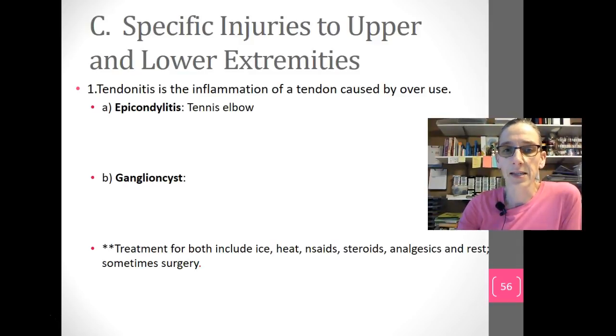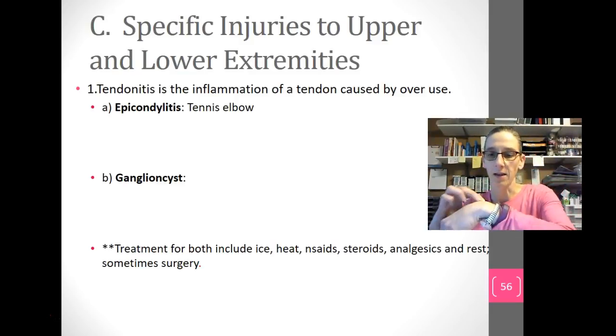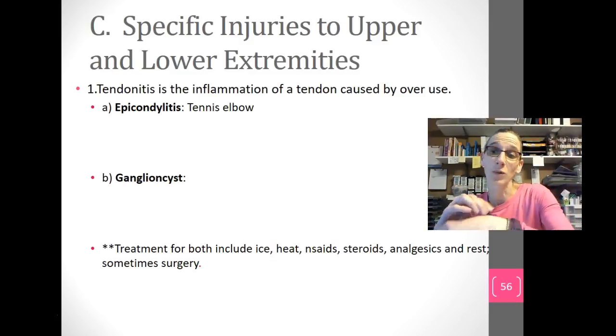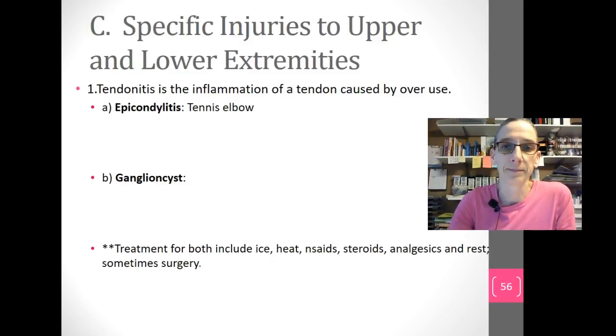I've had friends who've had ganglion cysts on their wrist, and the old school thing to get rid of a ganglion cyst was to slam a heavy book on it to pop it. People don't really do that anymore. If you have a ganglion cyst, they may go in and do surgery and remove the cyst if needed. Treatment for both includes ice, heat, NSAIDs, steroids, analgesics, and rest, and sometimes surgery.